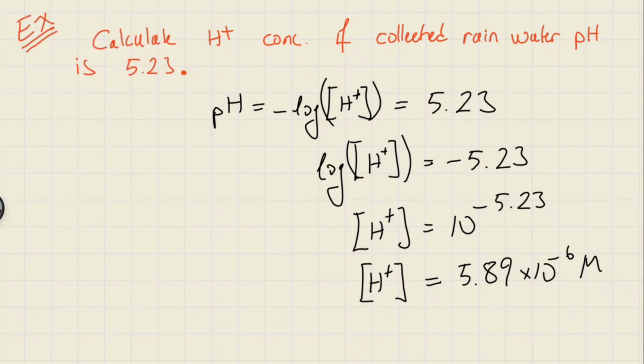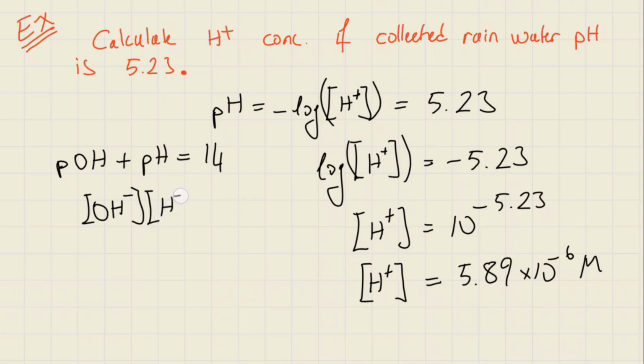And we can calculate the pOH, since we know the pH plus pOH is equal to 14, right? Or OH times hydrogen ion concentration is equal to 10 to the minus 14.